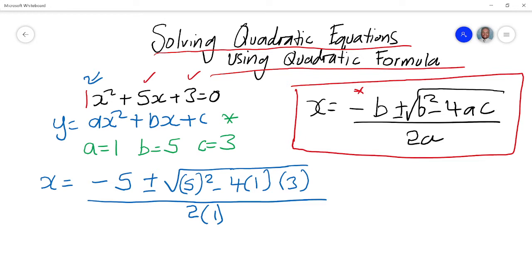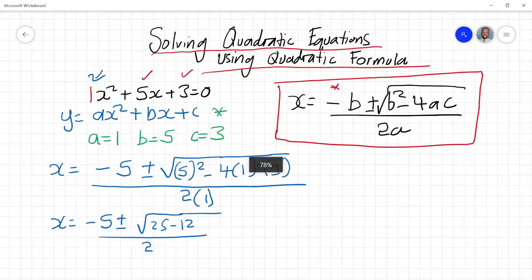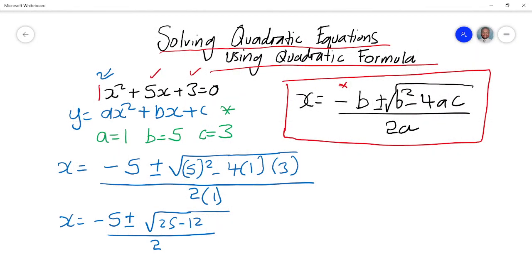So that's going to be negative 5 plus or minus the square root of 5 squared minus 4 times 1 times 3, over 2. All right. And what that becomes here is x is equal to negative 5 plus or minus the square root of 5 squared is 25 minus 4 times 1 times 3 is 12, over 2, because 2 times 1 is equal to 2. So basic multiplication techniques here. All right.